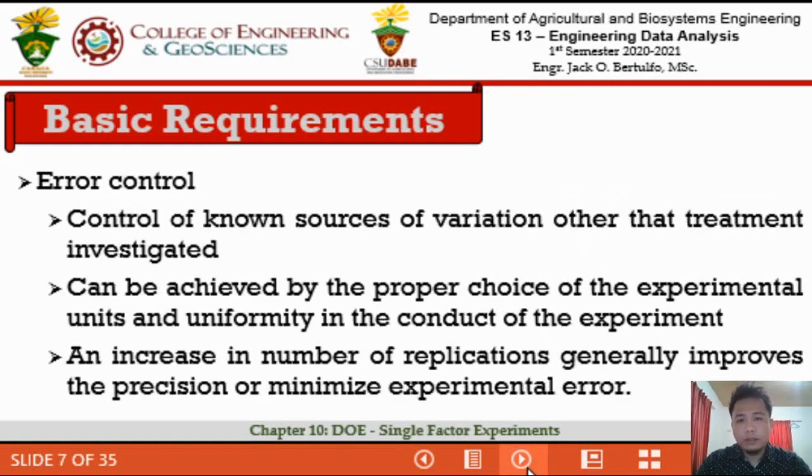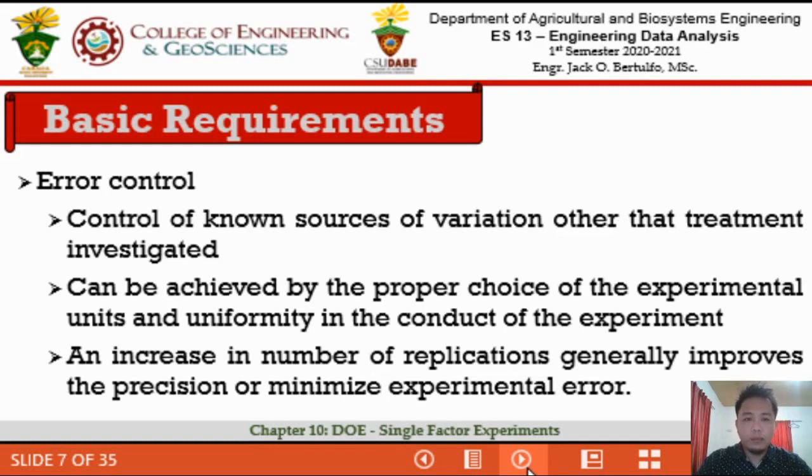Then the next one is the error control. Control of known sources of variation under that treatment investigated can be achieved by the proper choice of the experimental units and uniformity in the conduct of the experiment. An increase in the number of replications generally improves the precision or minimizes experimental error. So this is the method to control error.